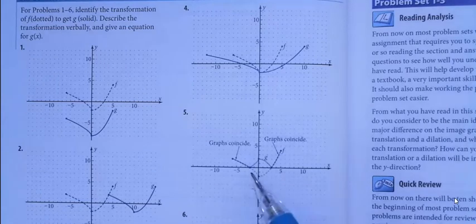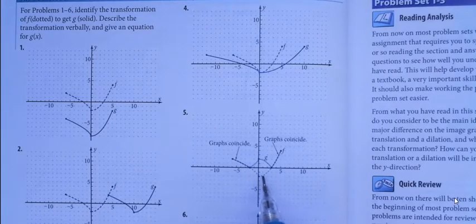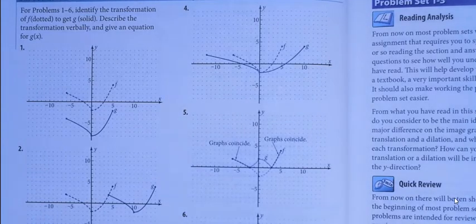And then your image is the G. So notice what's happened to all the outputs. Originally, some of the outputs were negative, and now they all became positive. So what makes things that are negative positive and keeps things that are positive positive? Hopefully you're thinking to yourself, absolute value.